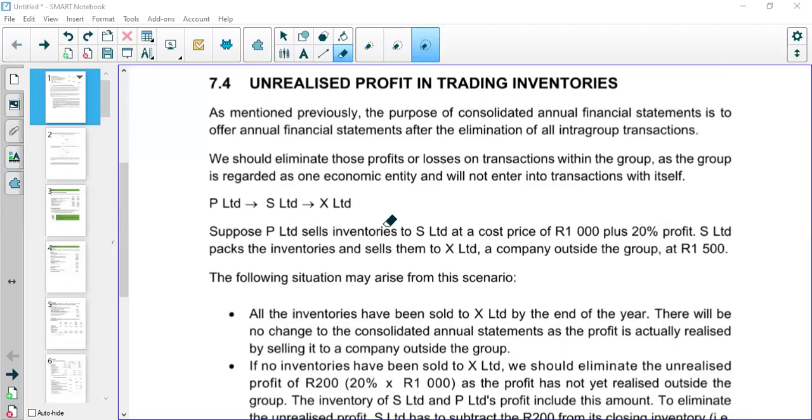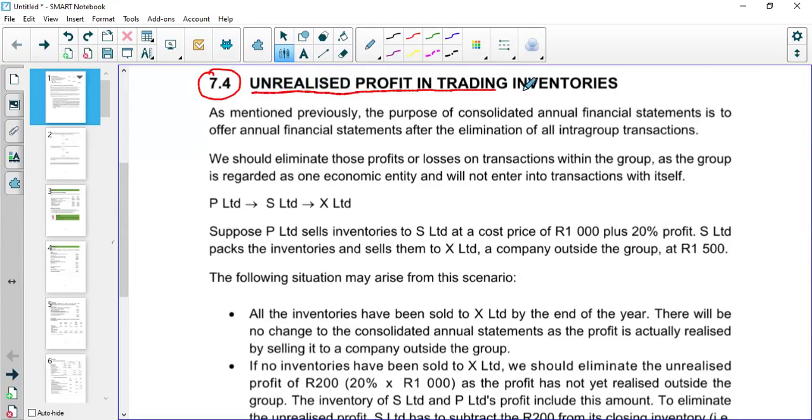All right, now we find ourselves focusing on unrealized profit in trading inventories.